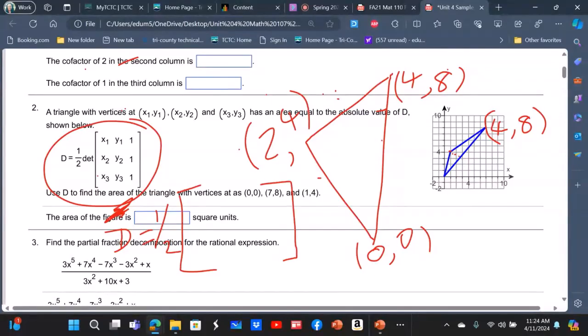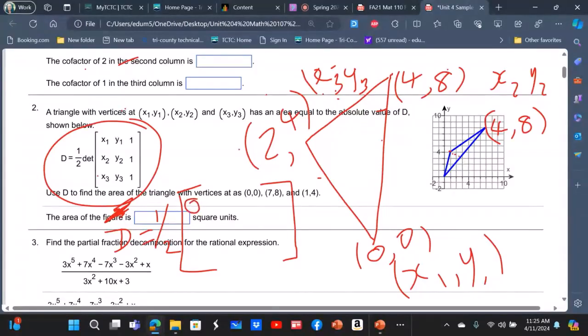So maybe I can start here. I have decided that this point is x1, y1. This point is x2, y2. And this point is x3, y3. I will use their points to put them in there. So for x1, y1, I have 0, 0, 1.